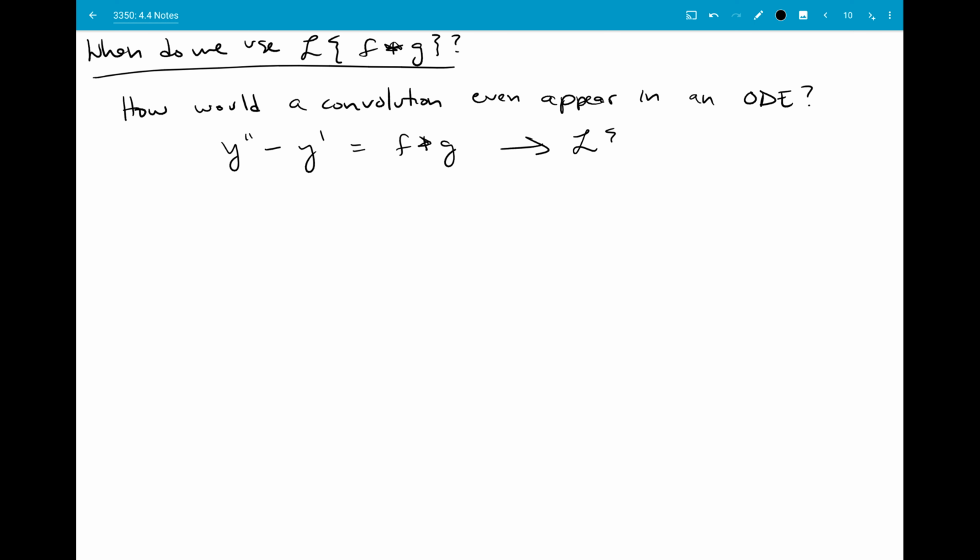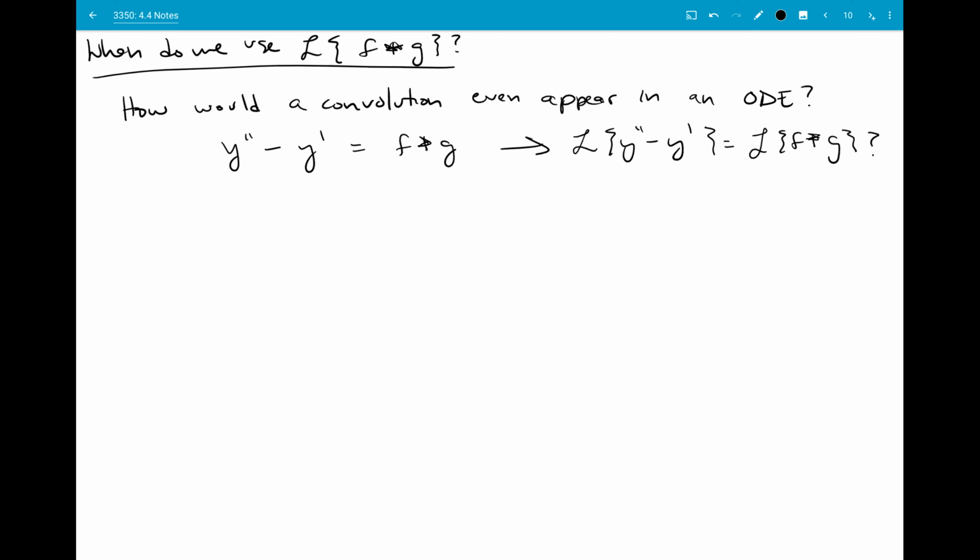And then that took you to L of y double prime minus y prime is equal to L of f star g. And every time we've put something on the right-hand side of a differential equation, it's been sort of like a source term, a driving term. You imagine that they're things that you would write down as a function that depends on time. And so the idea that you would use a convolution can seem kind of unlikely, I guess. I just want to tell you that it does come up even though we won't focus on this type of problem.